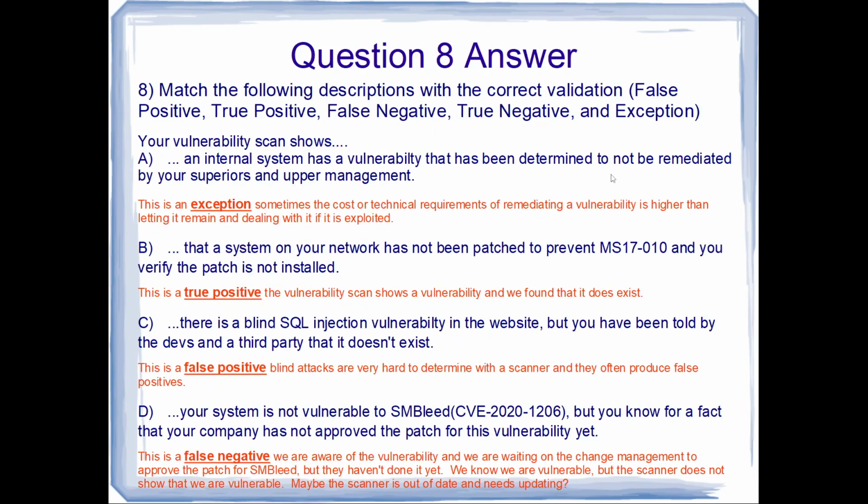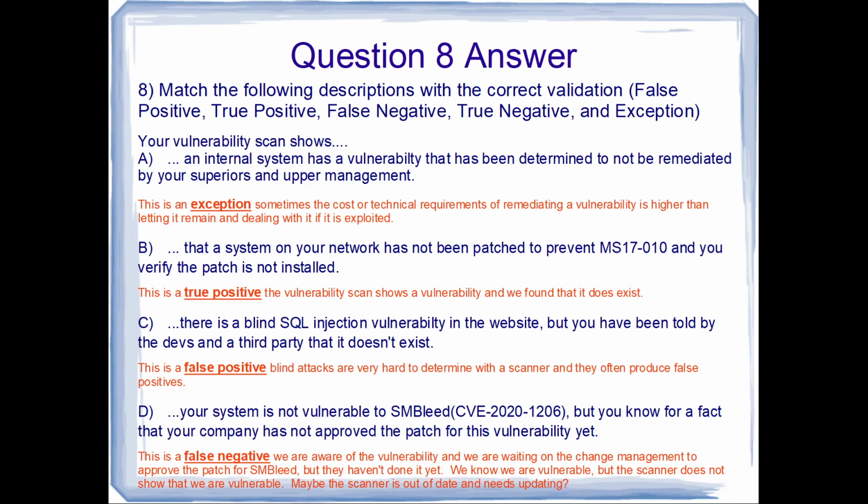An internal system has a vulnerability that has been determined to not be remediated by your superiors and upper management. This would be marked as an exception. Sometimes the cost or technical requirements of remediating a vulnerability is higher than letting it remain and just dealing with it if it is exploited. In this case, you'd mark it as an exception and move on.